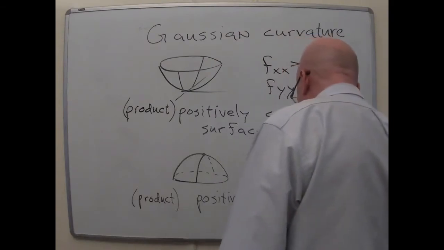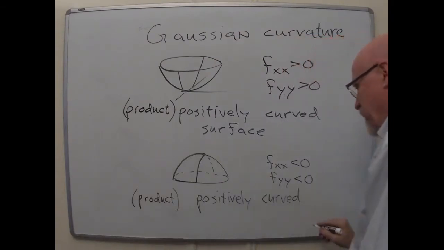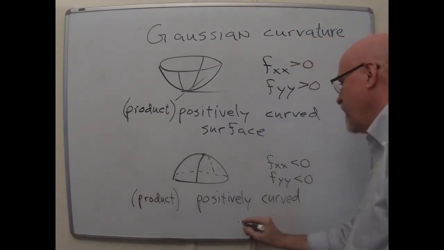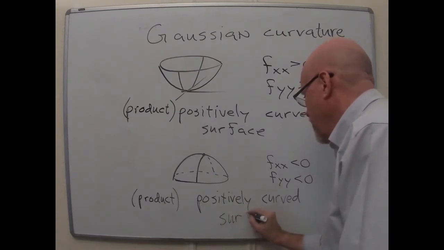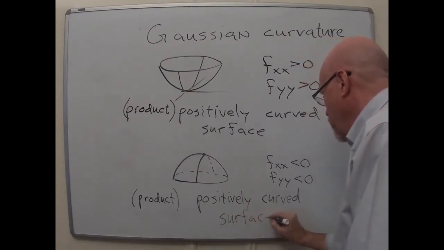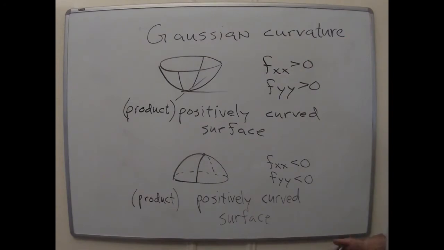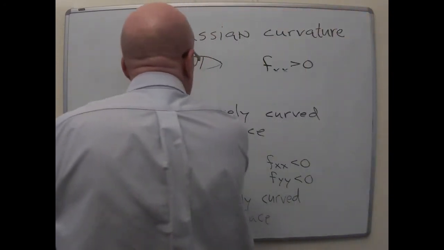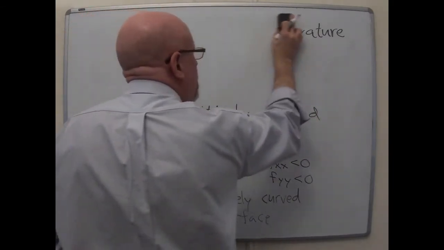How do you get negatively curved surfaces then? Well, that's when the product of the curvatures is negative. And that happens in this Pringle chip or saddle kind of configuration.